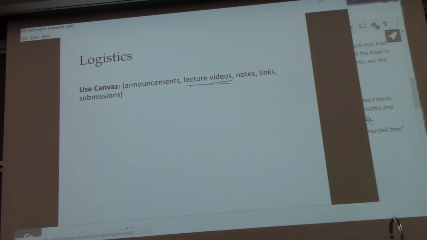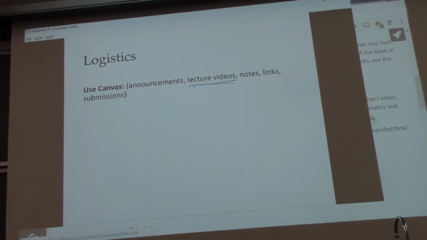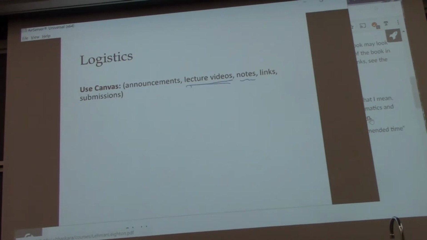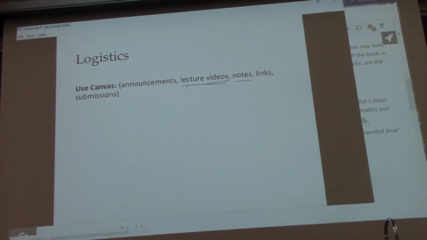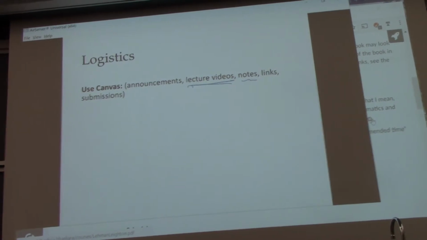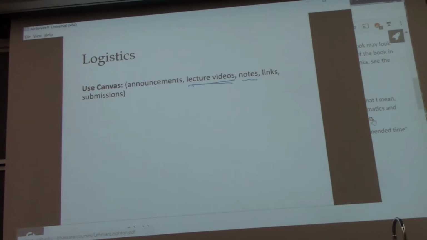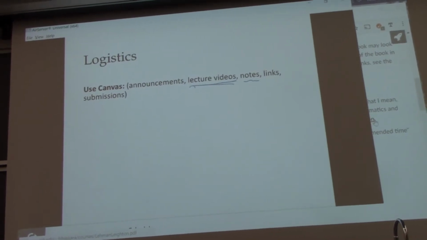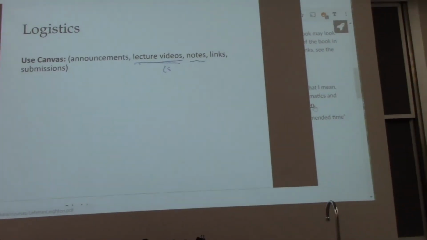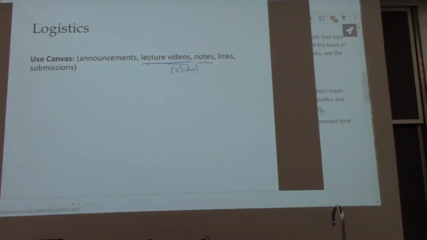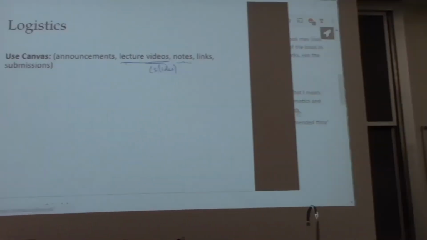As for lecture notes, I won't have them for every lecture, but if you think some particular lecture was particularly hard, let me know. I can write a little bit more notes than what I say in class. But the slides will always be up on Canvas.